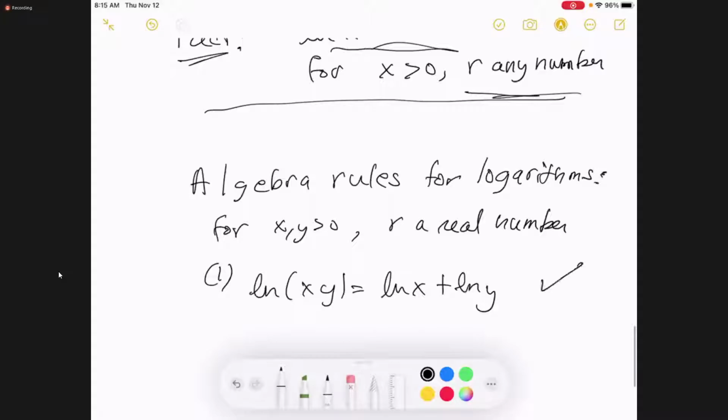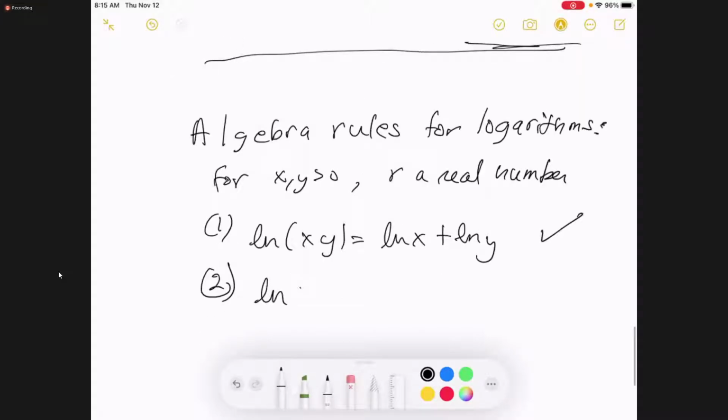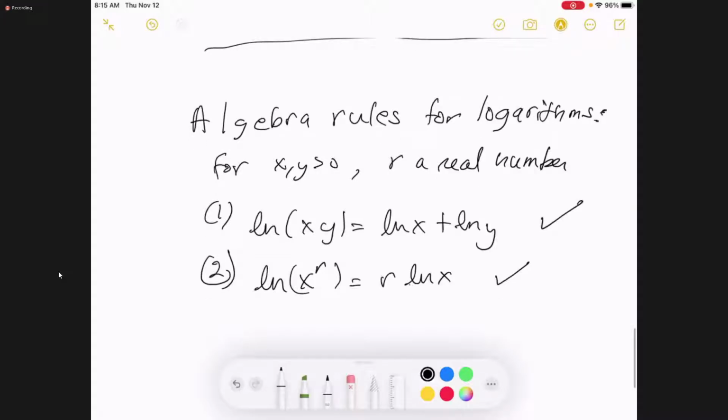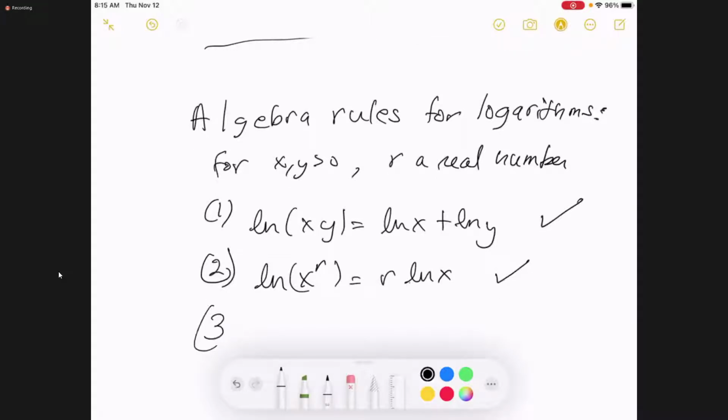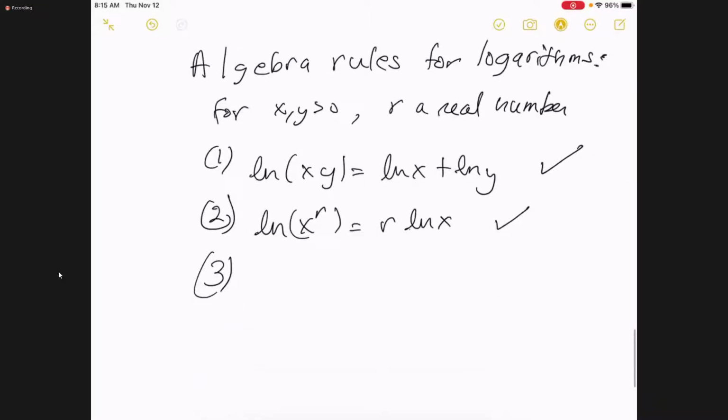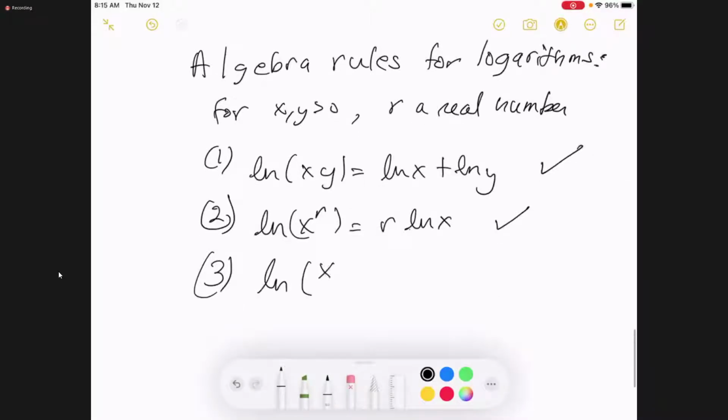We proved that one. Two: ln of x to the r is r ln of x. Well, we proved it for rational numbers, but it's true for all real numbers. And there is one more, which is now going to be easy to do. Three: ln of x over y is ln of x minus ln of y.